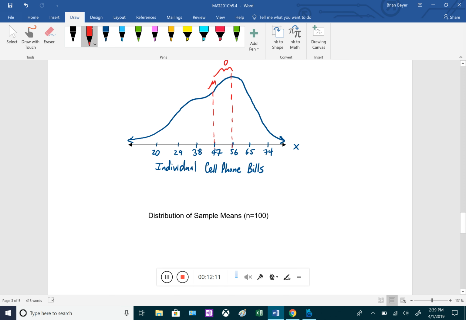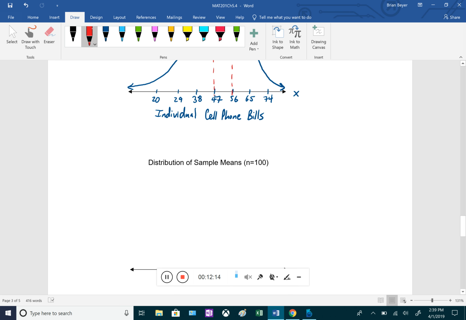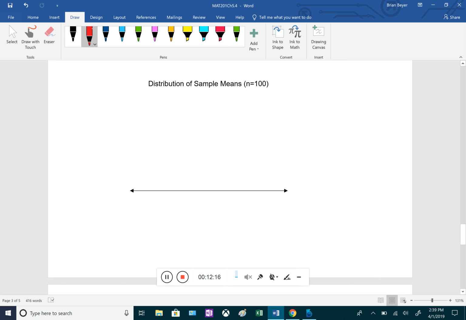So now let's take a look at what the distribution of the sample means would be. So this would be normally distributed, and we also know that the mean for the sample means is equal to the population mean, which was 47.